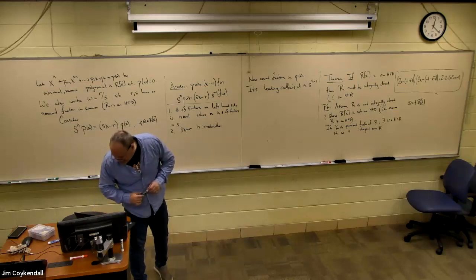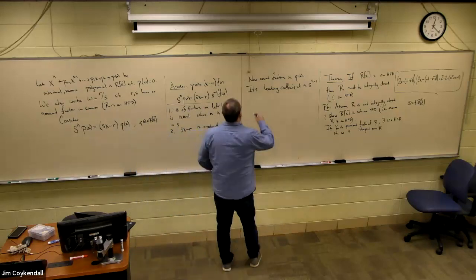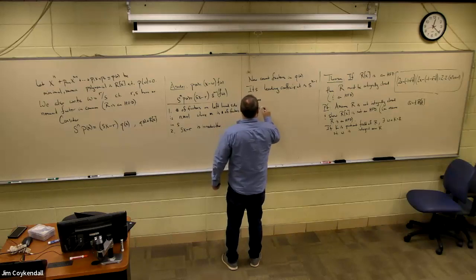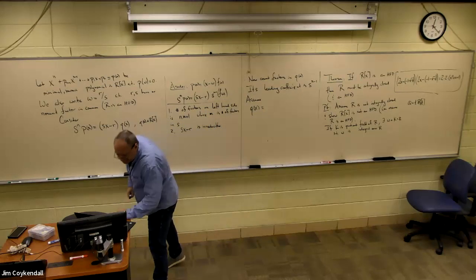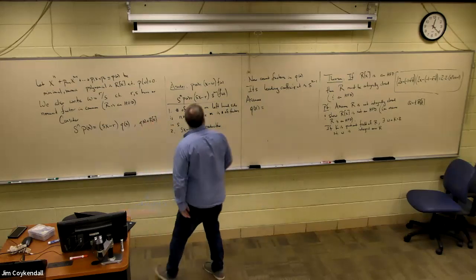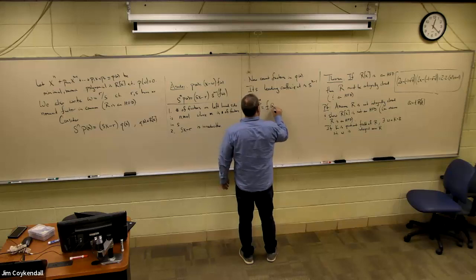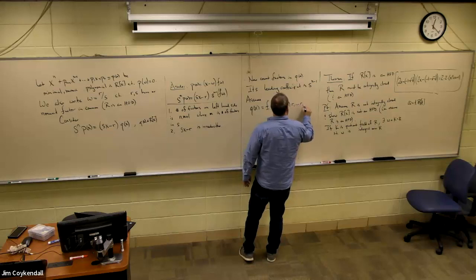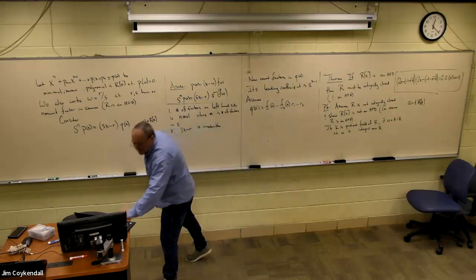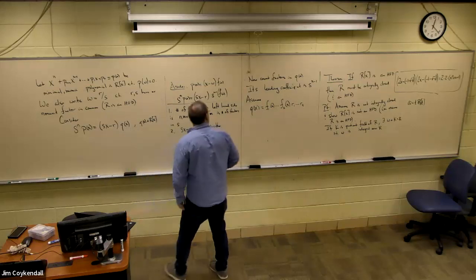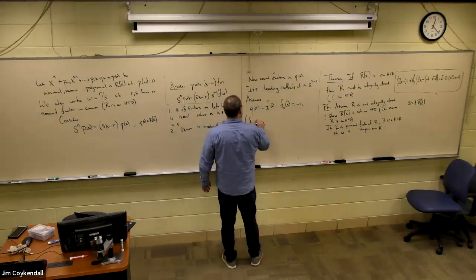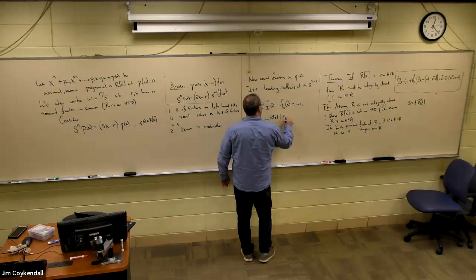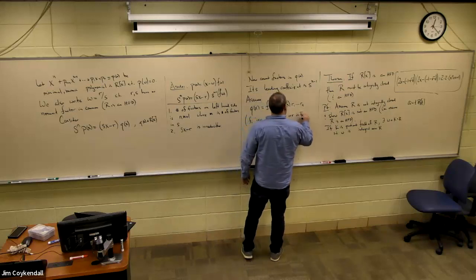So let's assume that Q of x is equal to a product of the Fi's times the Ri's, where each of the Fi's is an irreducible, and Ri irreducible in R.